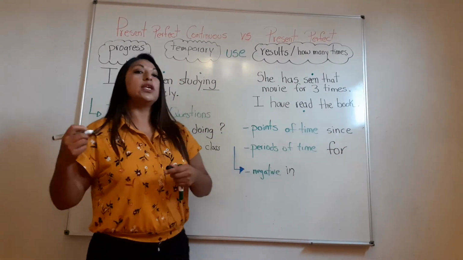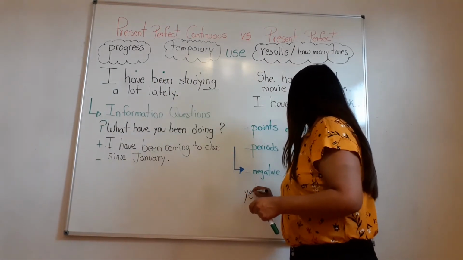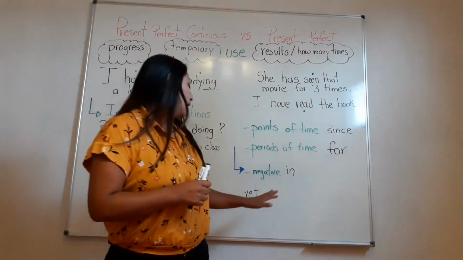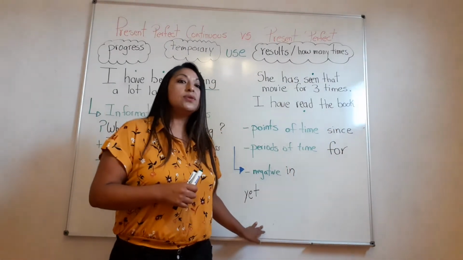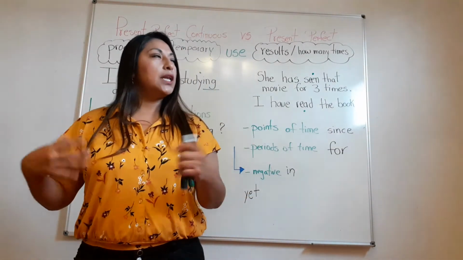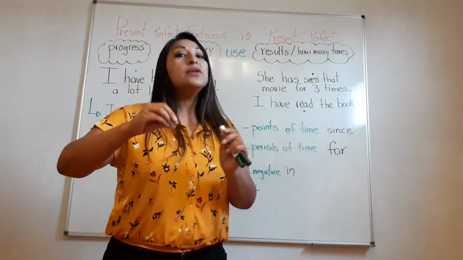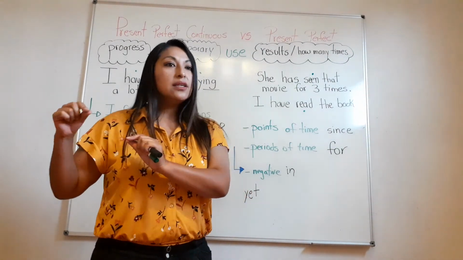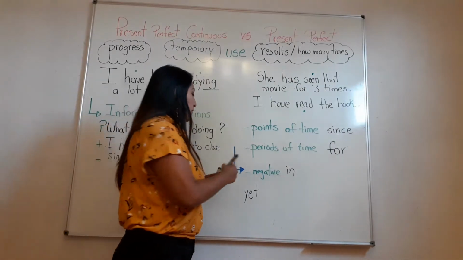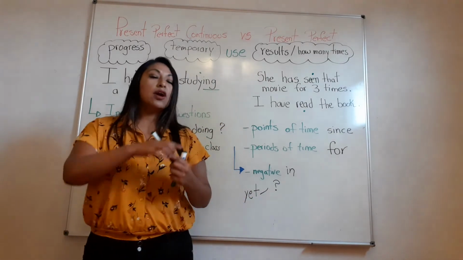Also, we have the word yet. Okay, in questions, the use of the word yet is like this. Have you seen, let me invent any movie, have you seen It? That is the name of the movie. Have you seen it yet? Okay, I'm using the word yet in questions, and the word comes at the end.